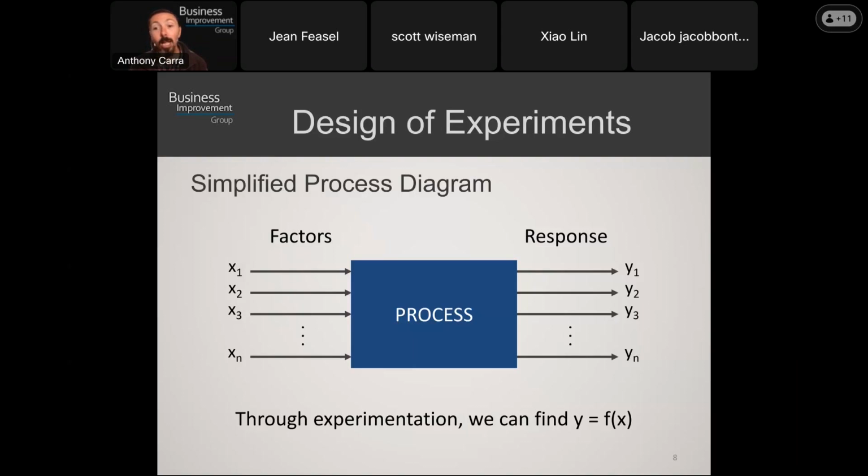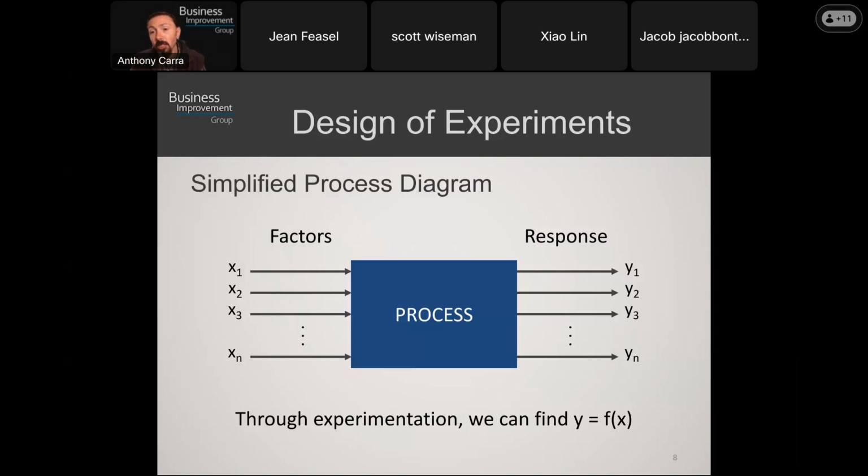Those are all potential X factors or inputs. Your response, your output, your primary might be a bond strength. You want to establish good bonding strength. It could be a bonding width if you're looking to seal a gap or things of that nature. So these are different potential outcomes that you'll want to consider.